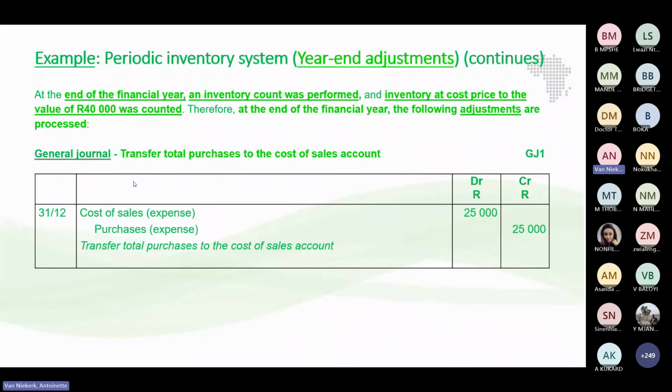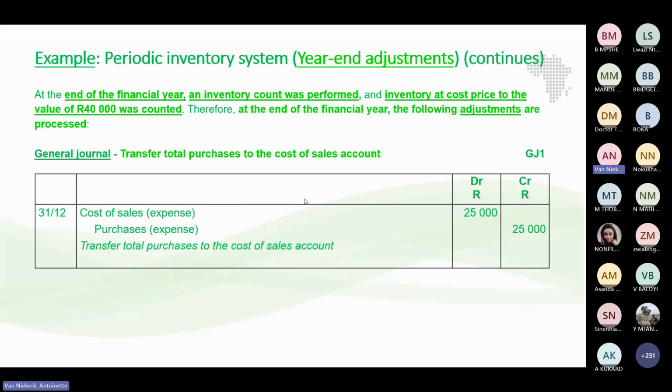When purchases is taken out of the account, it's going to be credited. And remember, you are taking it to the cost of sales account, which is also an expense, which will increase on the debit side.